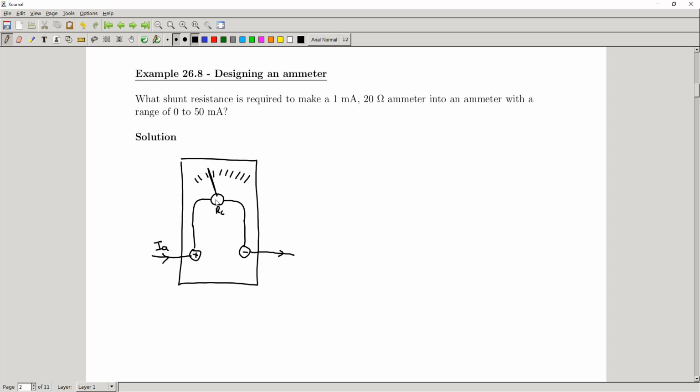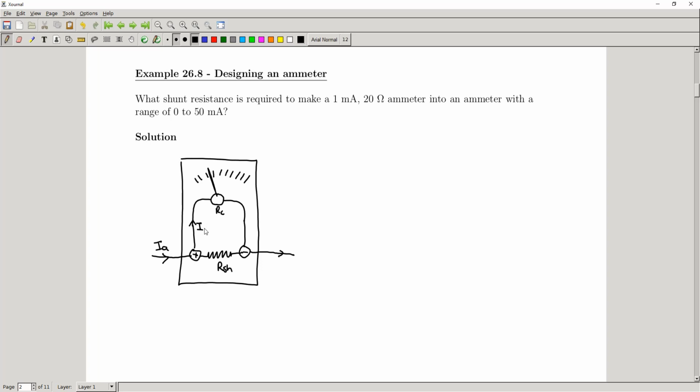So we need to add in a shunt resistor to get some of the current flowing down in the direction of the shunt resistor, so that we can get the correct measurement, so that IA basically pins our reading on the right here. Okay, so we're going to end up with some shunt resistor in here. We're going to call this R shunt. And so what have we set up here? First of all, we're going to label the current that actually goes up this way.